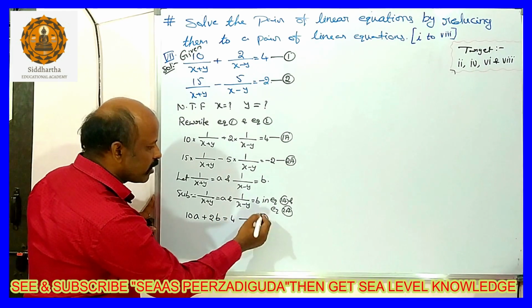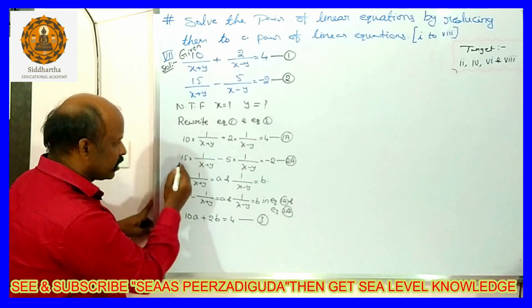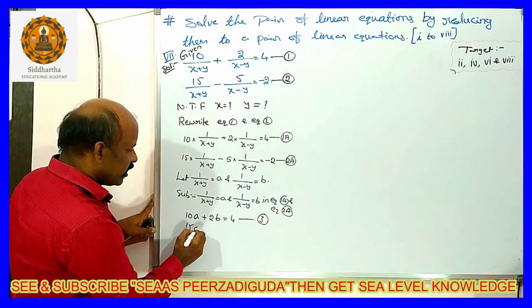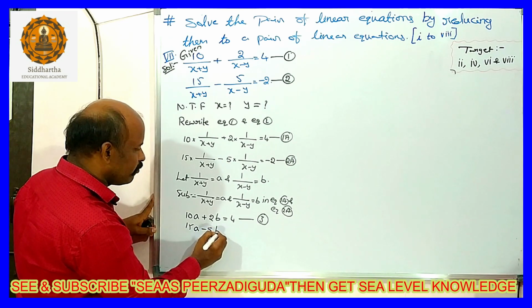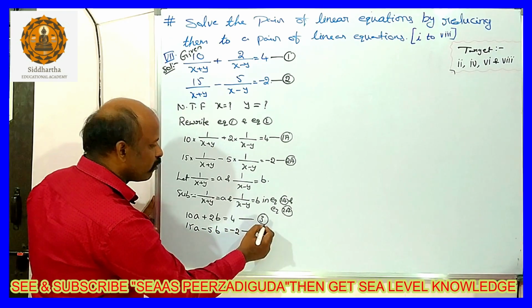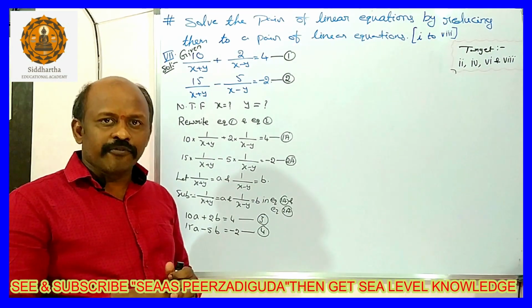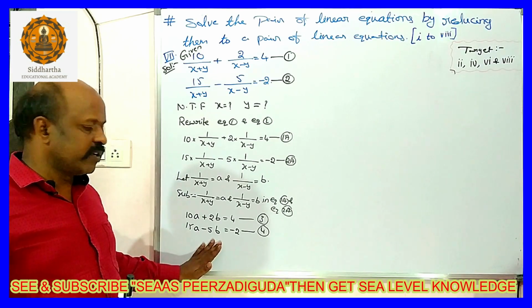That is equation number 3. After writing that, I am going for the 2a equation: 15a minus 5b is equal to minus 2. Equation number 4. After writing equation number 3 and 4, I am going to solve these two equations.